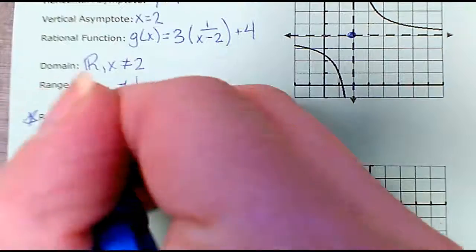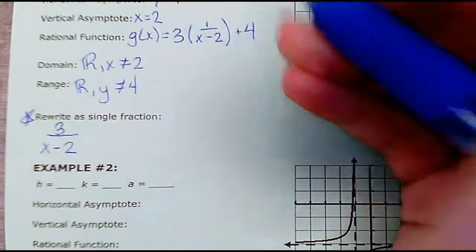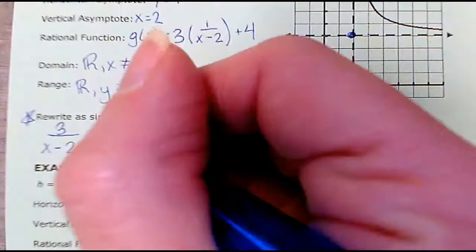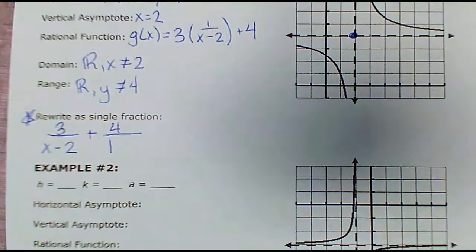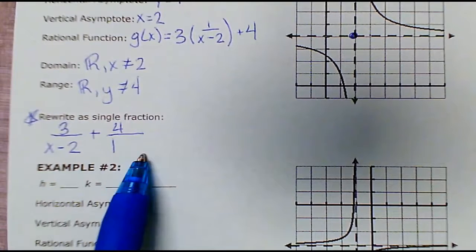So I should have 3 over x minus 2 plus, how do you write 4 as a fraction? 4 over 1. But I don't want it to be 4 over 1. I want it to be something over what? x minus 2, because when you add fractions, you can't do it unless you have a common denominator.